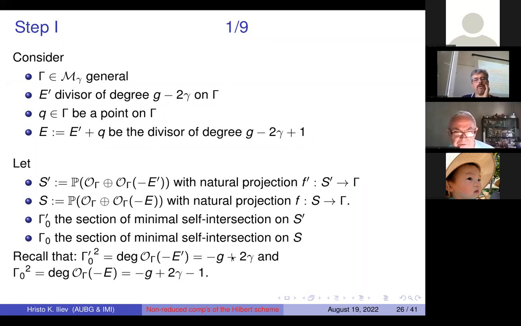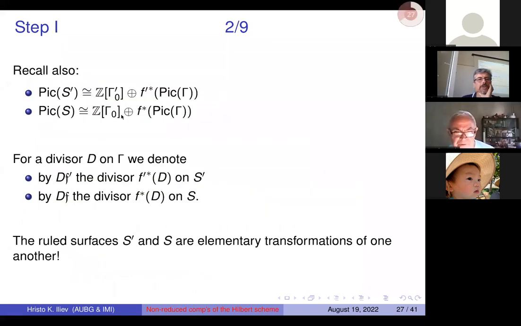And of course, we proceed further to mention that once again the Picard group of the ruled surface is generated by those sections of minimal self-intersection and the pullbacks of the divisors on gamma.